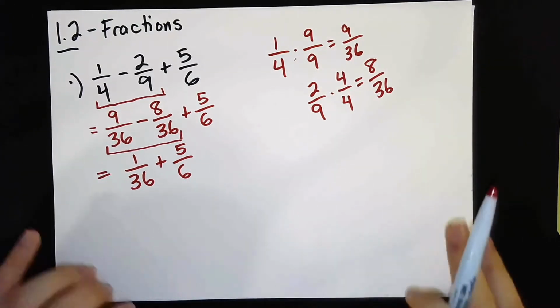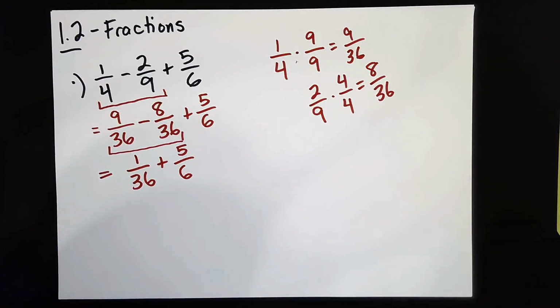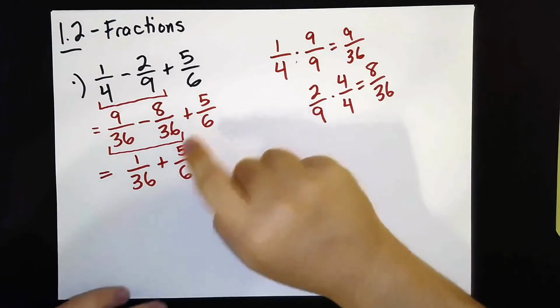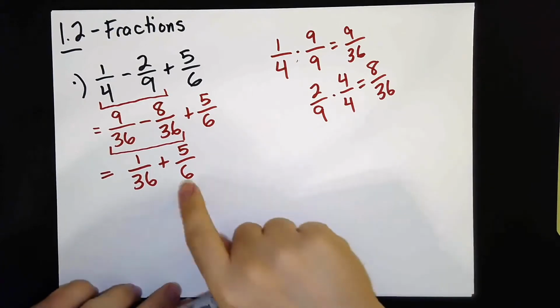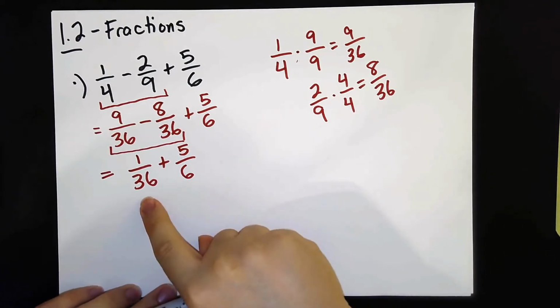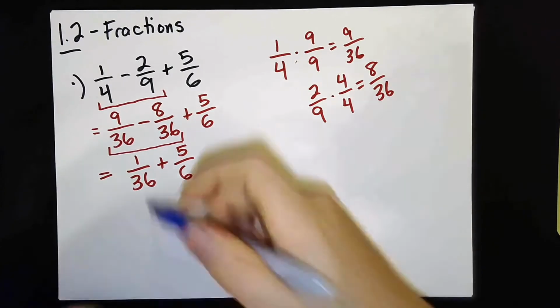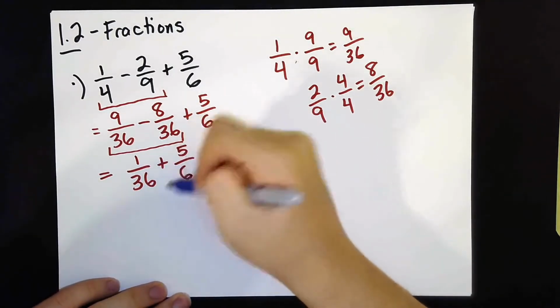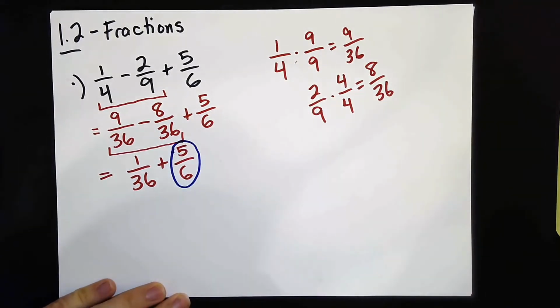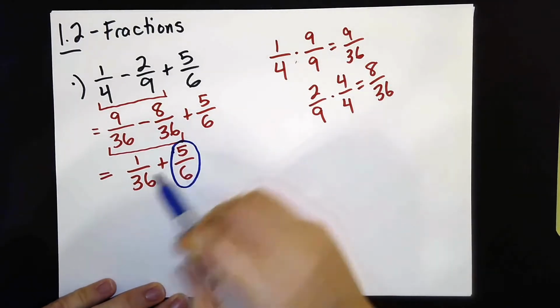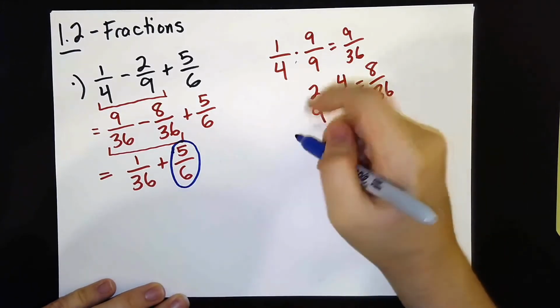And so again, I have to find a common denominator. Now, it might be tempting when you first see this to find a common denominator of 6 times 36. But that's actually way overkill because 6 already goes into 36. So actually, I can leave the 1/36 exactly as it is, and I can rewrite the 5/6 so that it is also over 36.